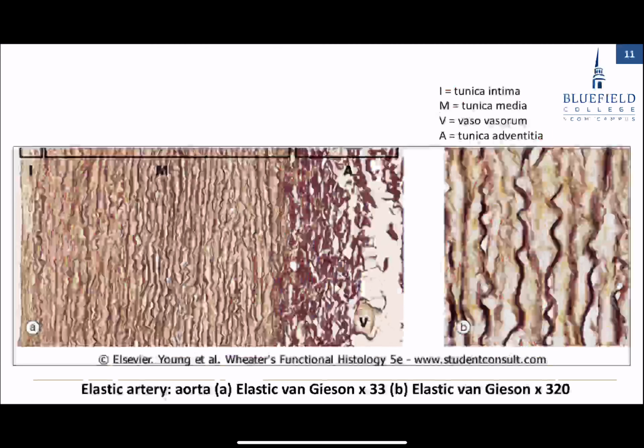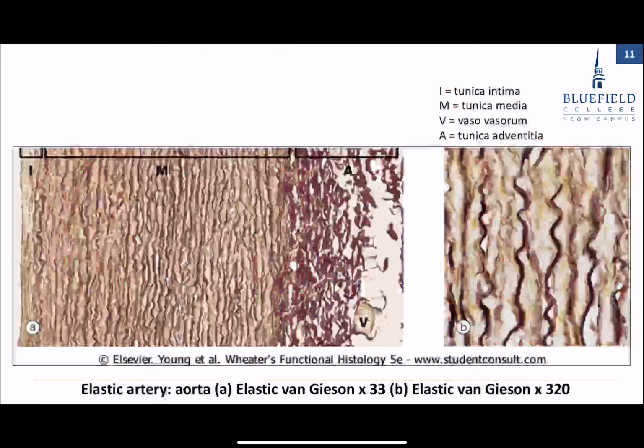We look at it here, very low power magnification in the image on the left. It's magnified 33 times, you can see below, so I cannot make out my endothelial lining up here. They're labeling this tunica intima. Where they happen to draw that line right here is just where they decided to draw it.